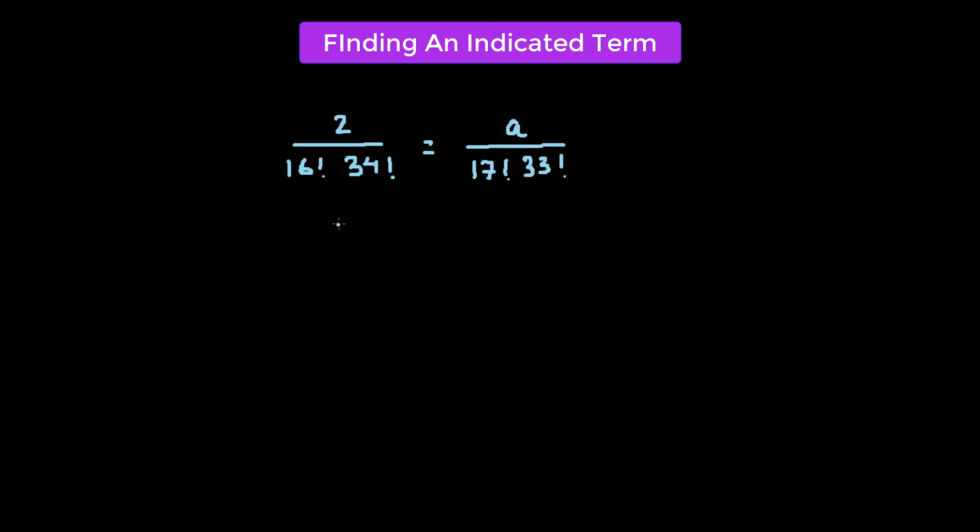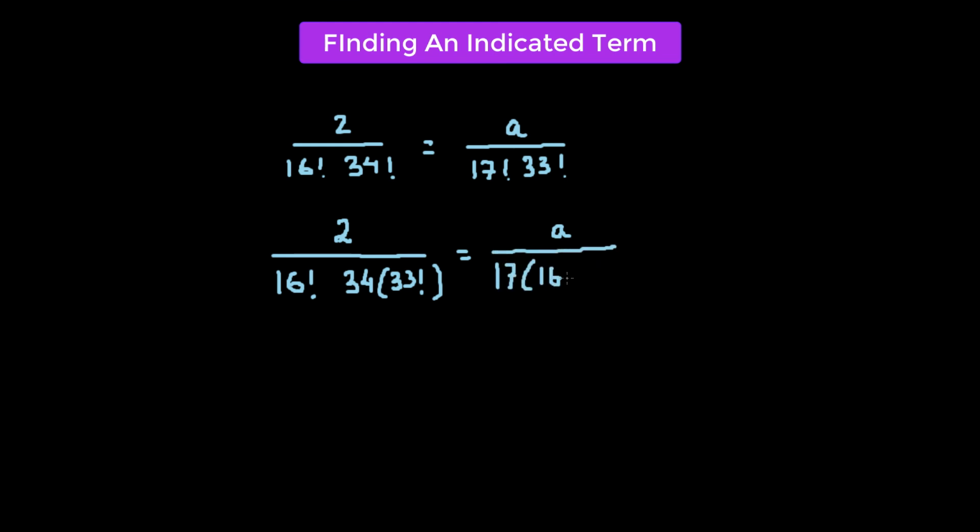Now, what we can do is we'll do a few more adjustments here. So 34 factorial can be written as 34 times 33 factorial, while on the right hand side, we can write 17 factorial as 17 times 16 factorial.